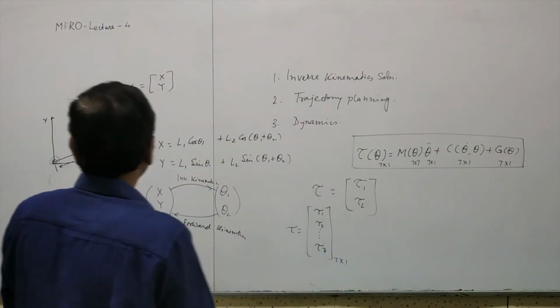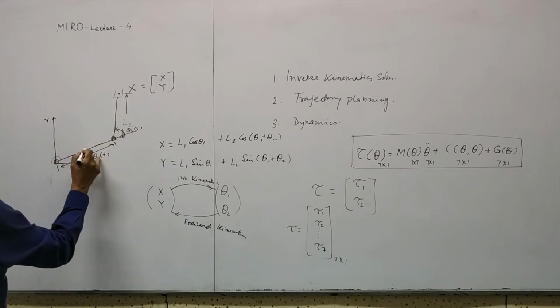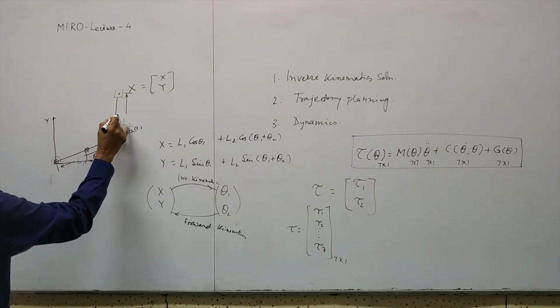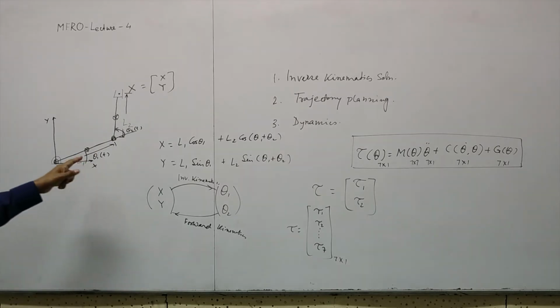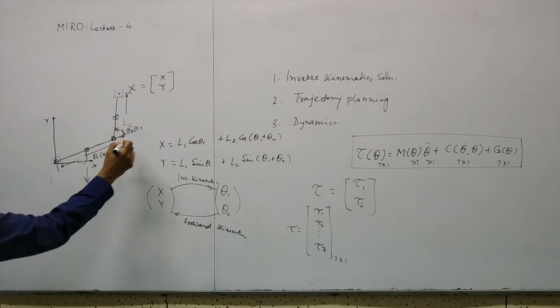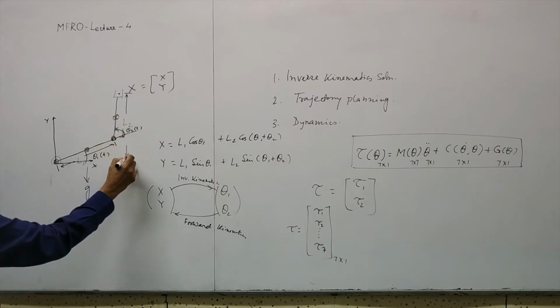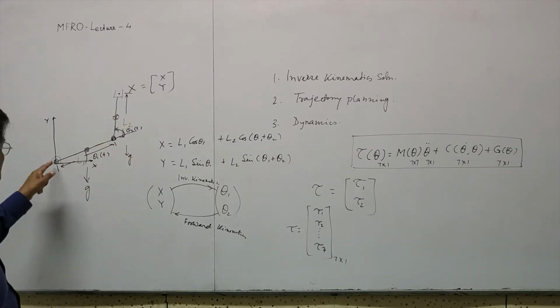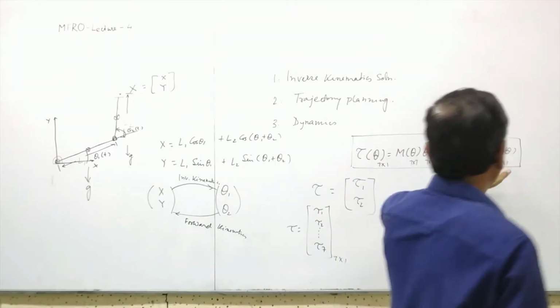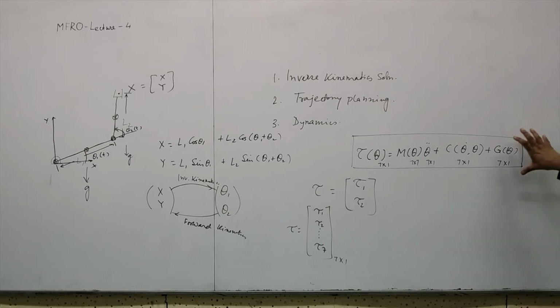Because this mass can be assumed, for simplicity, to be accommodated here. So these are under gravity, so they will produce some torque at this joint level, right? So that is what gravitational torque is.